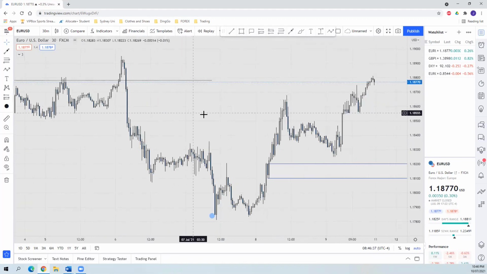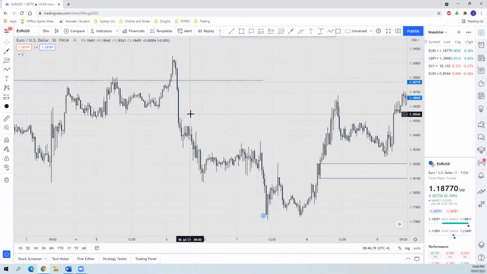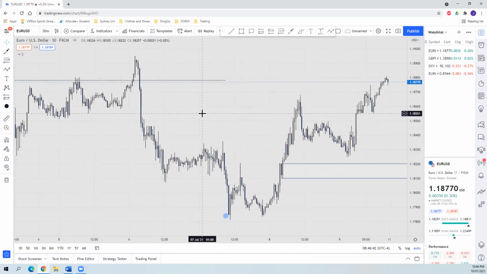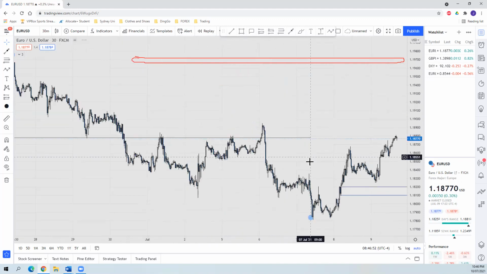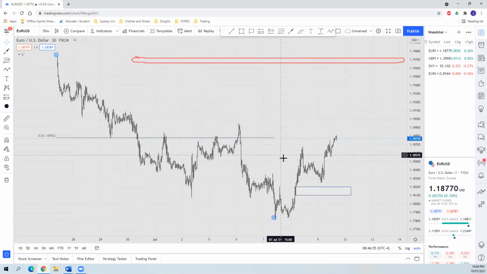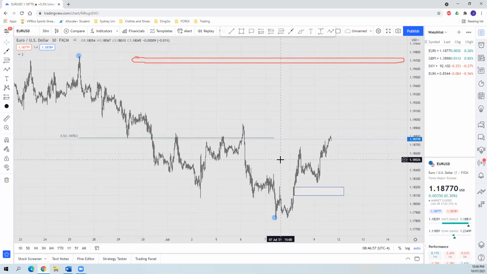Because what did it do? I told you this has no inducement yet, right? This has no inducement yet. And if you zoom out a little bit, now this was what price was doing.